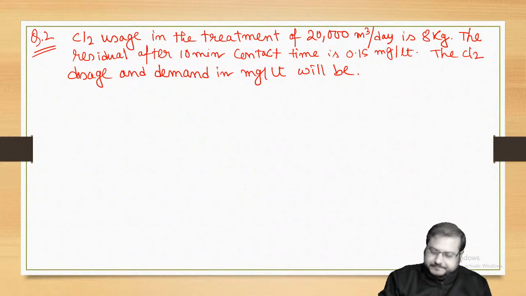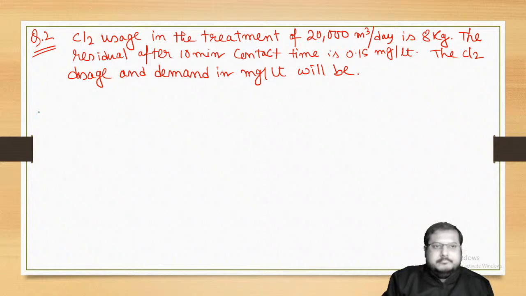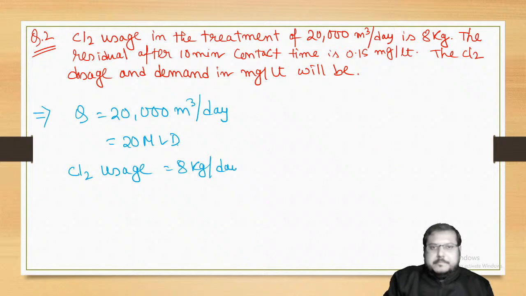So let's see. So Q is 20,000 meter cube per day, is 20 MLD, and chlorine used is 8 kg per day.